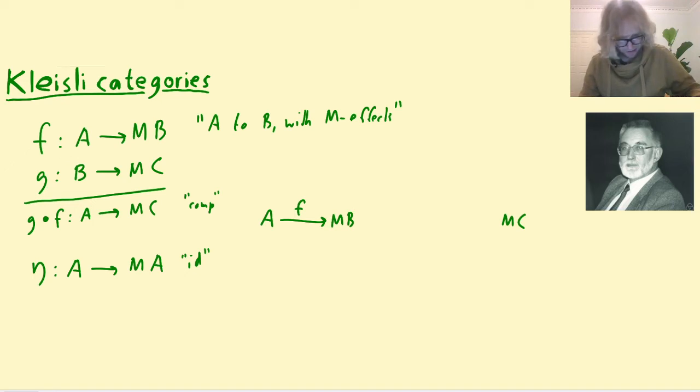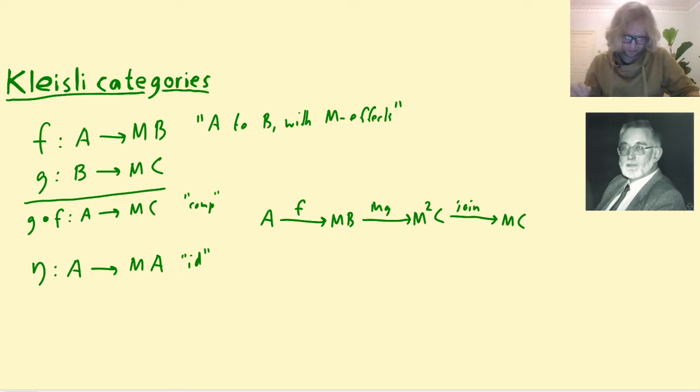But if I look at m of g, then I stick an m everywhere, and then it matches, right? So if I here do m of g, that gets me to m squared of C, which doesn't match the m of C I want, but I can use the join to peel off one m, right? So that gets me a composite.